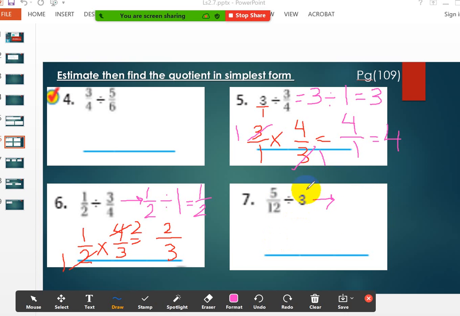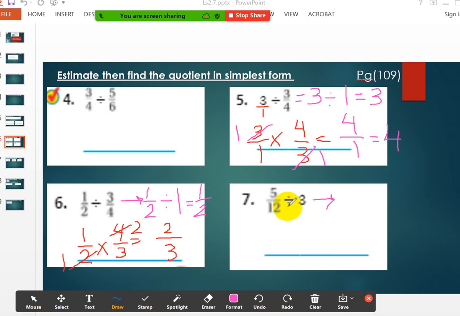No, I asked you to round 5 over 12, not to divide or multiply the number or convert the division to multiplication. First thing, I want to estimate the quotient. So 5 over 12, if I want to round it as we learned using the compatible number strategy, it's close to which number? It's close to 1 over 2. It's close to what?